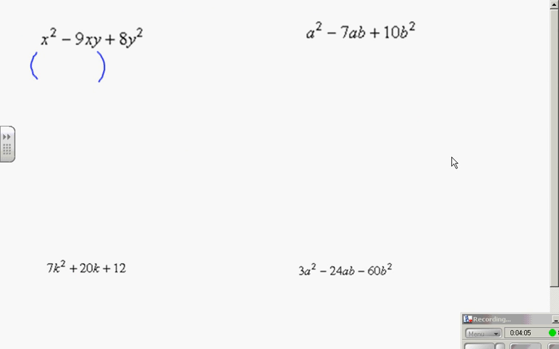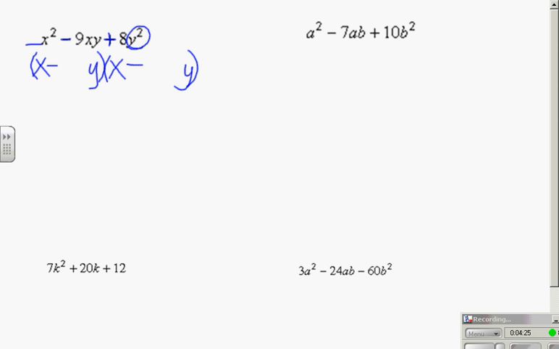So let's start looking at some examples like this. These first two examples are ones you've seen before. These are the ones you did in Math 2. There's no number in front of the x, and so we have two factors. There's an x in each one. This happens to have a y, so we just drop a y into the back.